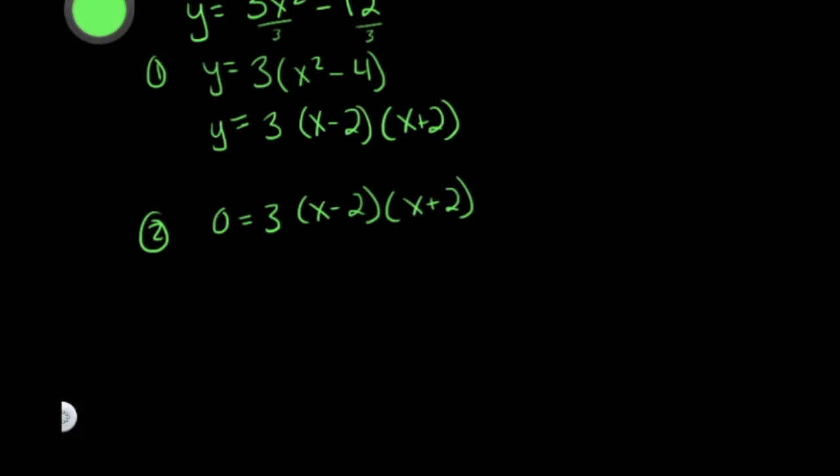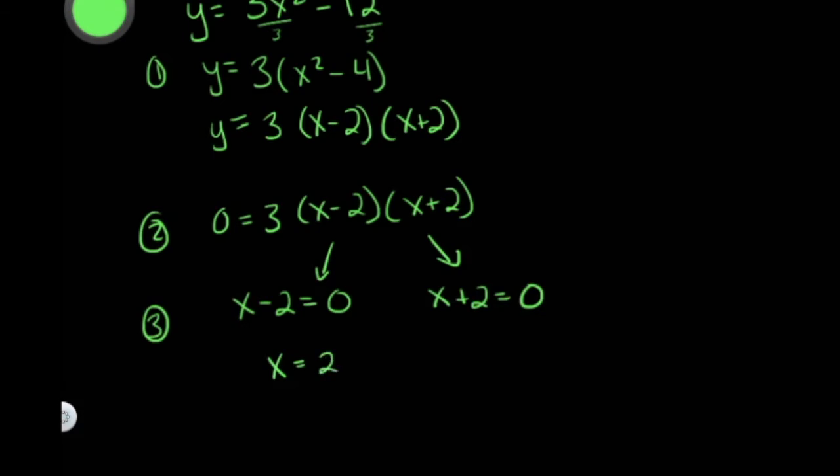And step 3 was to isolate our x's. So if I have x minus 2 equals 0, and x plus 2 equals 0, and I isolate here, move this -2 to the other side, it becomes a +2. On this side, I move my +2 to the other side, it becomes a -2.